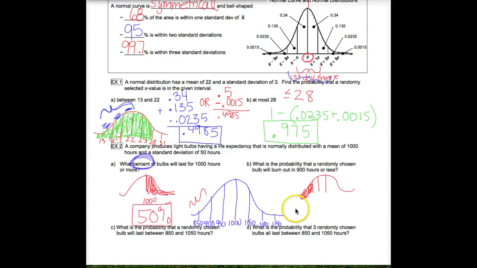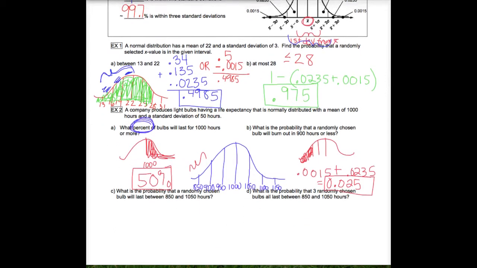So easiest to add those up, so 0.0015 plus 0.0235, which should give you 0.025. And again, this said probability, not percent, so always watch for what kind of answer they want you to give.